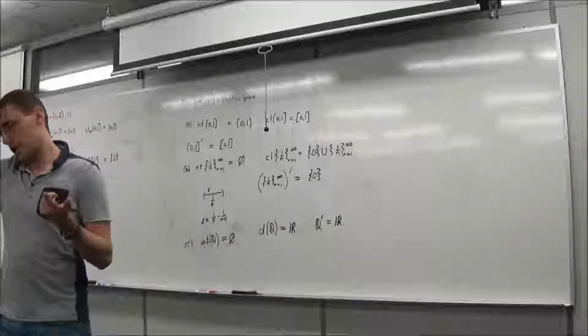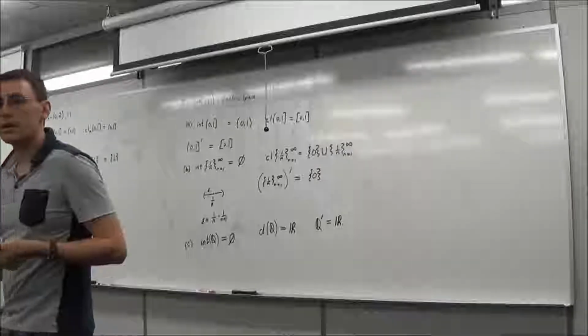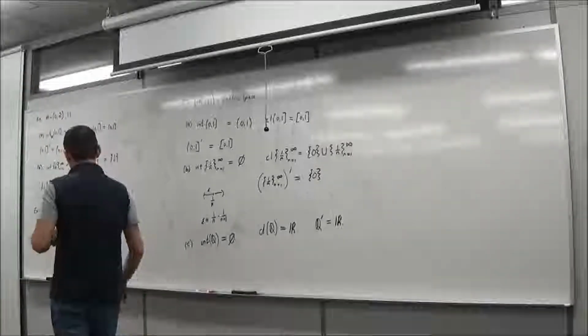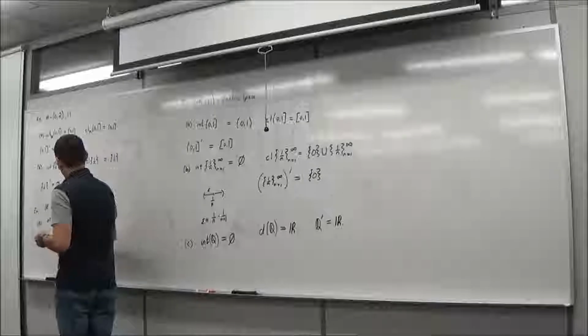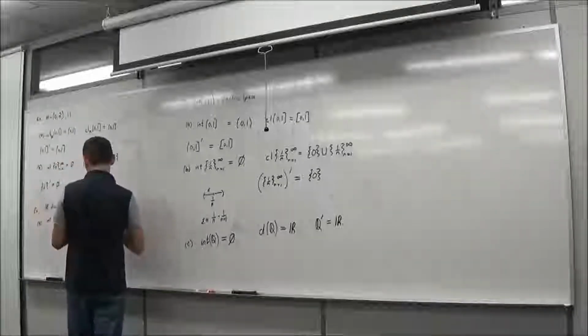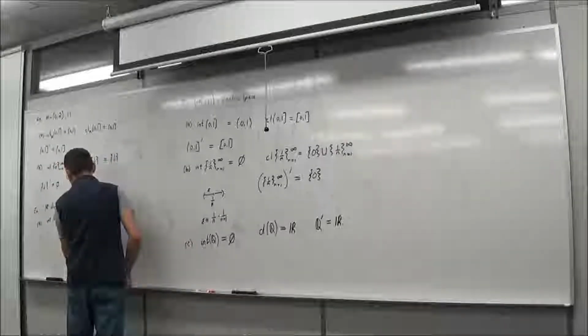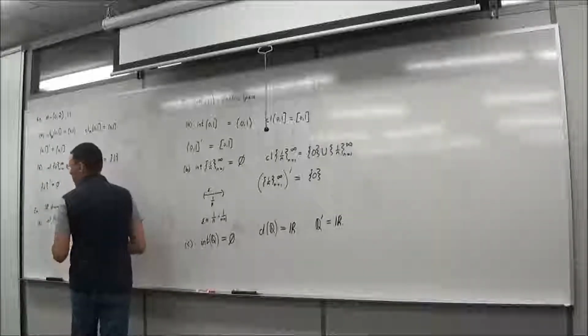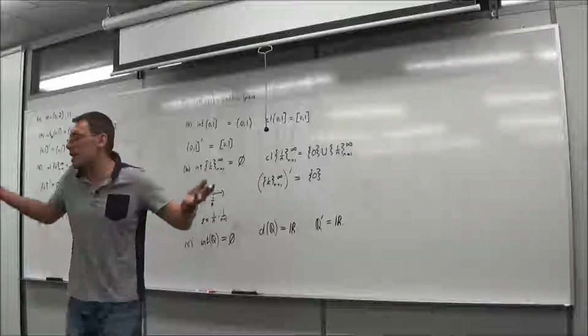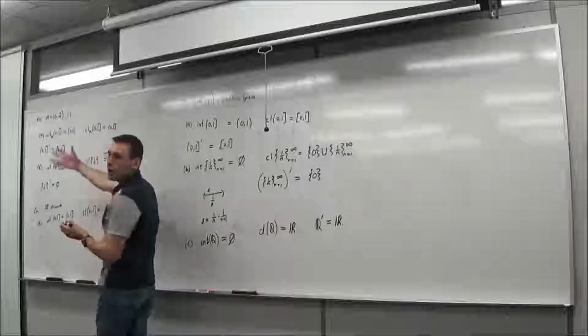For very clear reasons, if you kind of see what are the open sets, right? So what's the closure of 0, 1? What is the closure? The same. Because the complement is open.